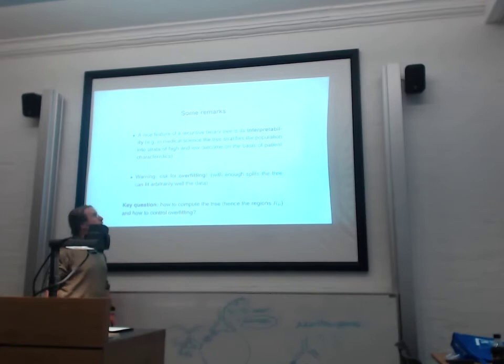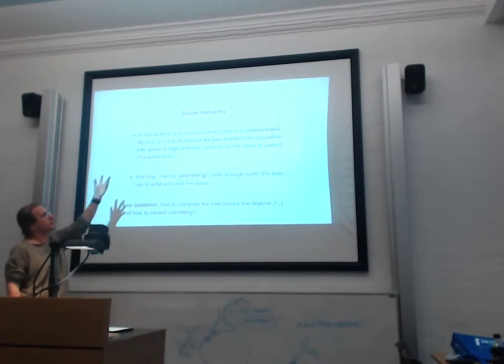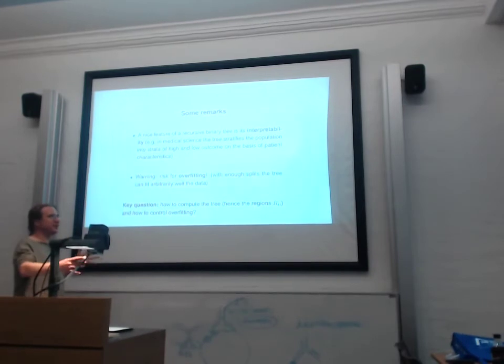You can think about it as: this variable is less than some given value, and then it splits into two classes. So it gives you a very easy way to understand the final hypothesis; it has a nice interpretation.